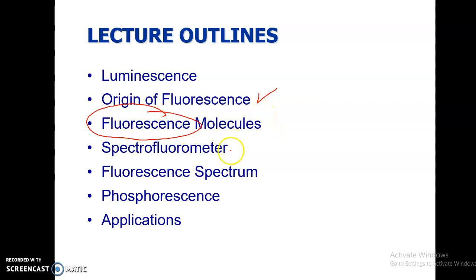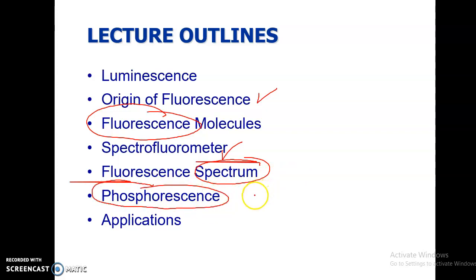Then, what are the instrument parts, how to read the spectrum, and then we will go a little bit into phosphorescence. Phosphorescent and fluorescent differ at the beginning of the prefix, so there must be some difference that makes them unique to each other, and of course the application.